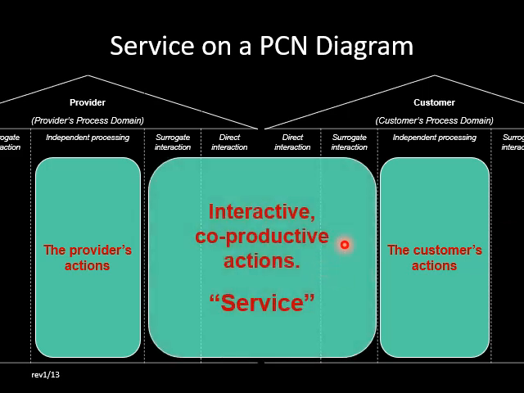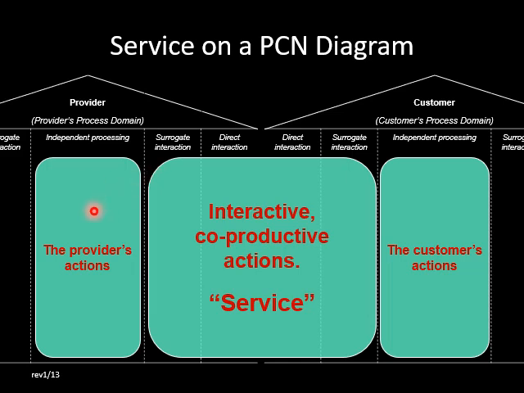The key thing about this is that these are interactive, these are co-productive actions, and this is service. So if you can imagine, these help to define, using those definitions from Samson and from co-production, you start to define service as either direct interaction or surrogate interaction.